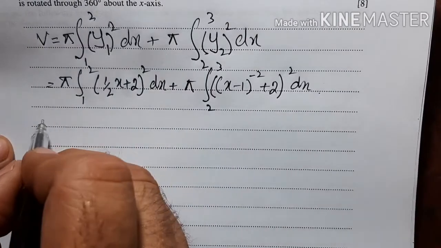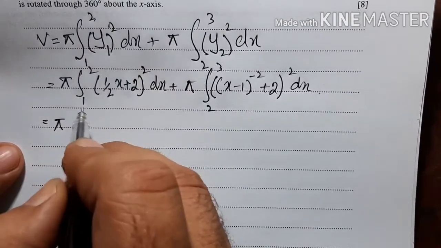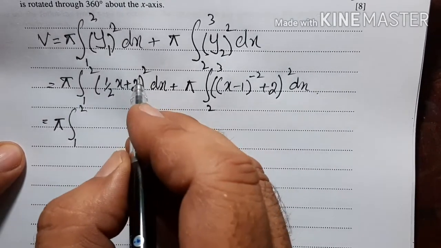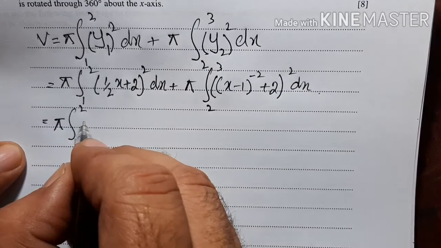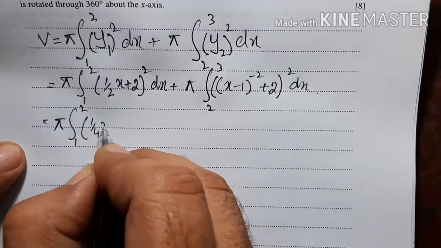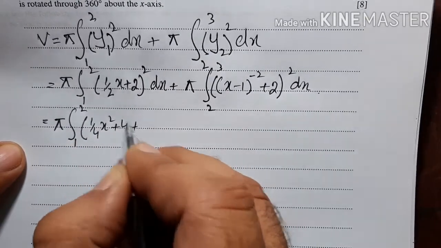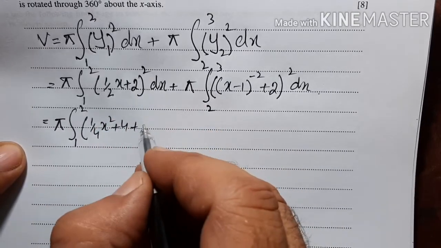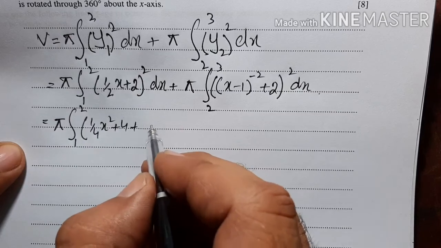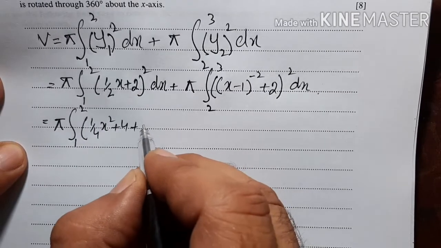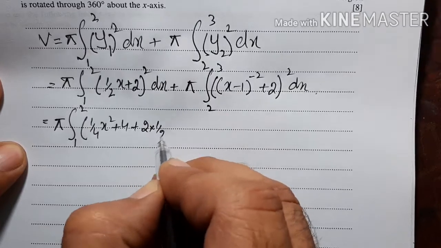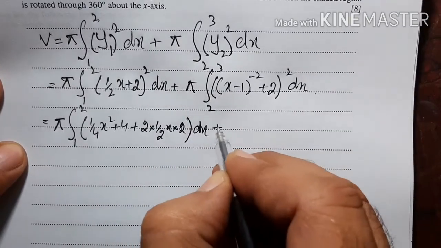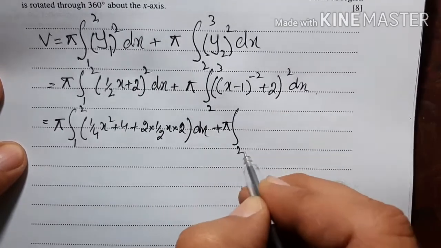Okay, now I will open this square with the identity (a + b)². This will be 1/4 x² + 4 + 2 × 1/2 x × 2 dx plus π from 2 to 3.